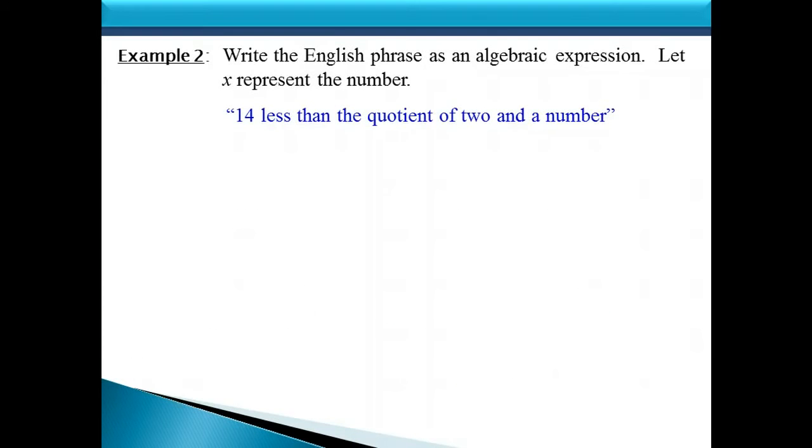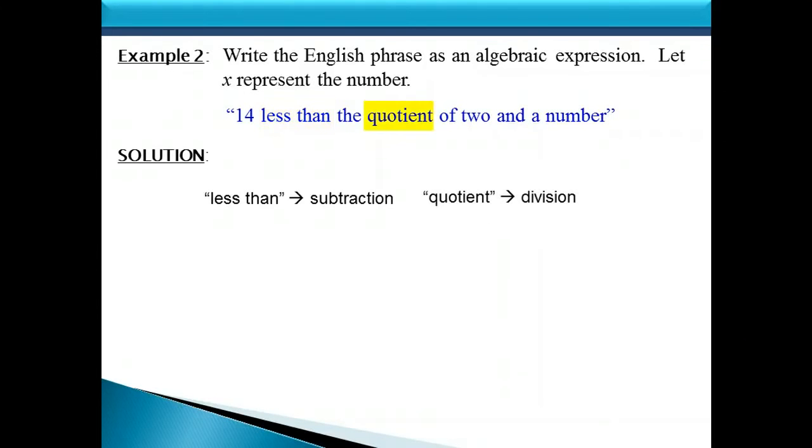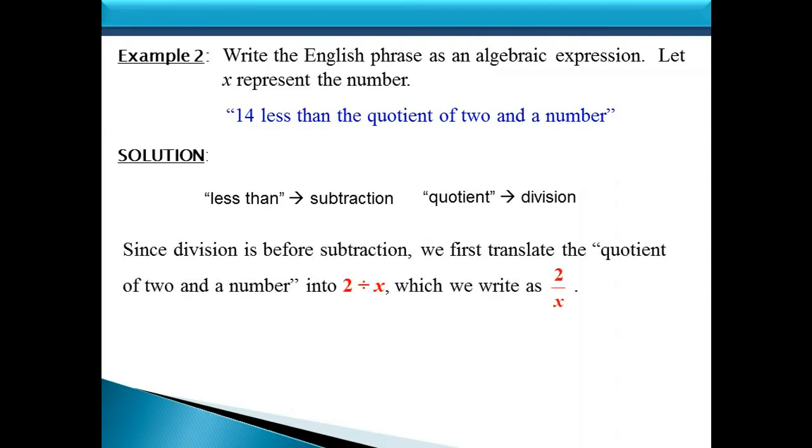Let's try another one. So the English phrase for this one is 14 less than the quotient of 2 and a number. So first notice that less than is subtraction. And remember that quotient represents the operation of division. And since division is before subtraction, we first translate the quotient of 2 and a number into 2 divided by x, and we usually in algebra would write that with a fraction bar.